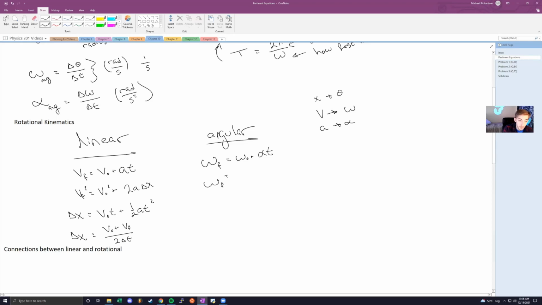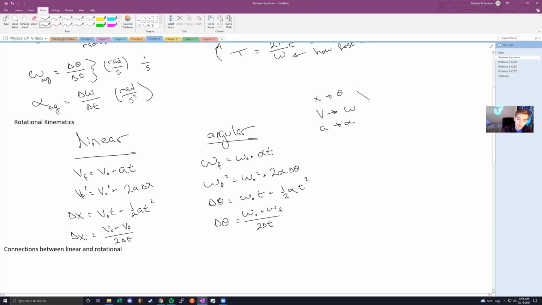Omega final squared is equal to omega naught squared plus 2 alpha delta theta. Delta theta is equal to omega naught t plus 1/2 alpha t squared. And delta theta is equal to omega naught plus omega final divided by 2 delta t. The transformation is very simple.